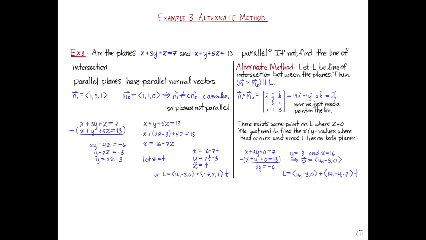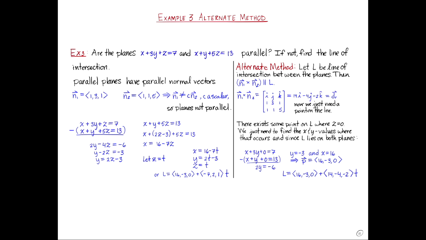Using that to find the equation of our line, we have that L is equal to P, 16, -3, 0, plus the direction vector, 14, -4, -2, times t. Now you know 2 ways to find the line of intersection between 2 planes.